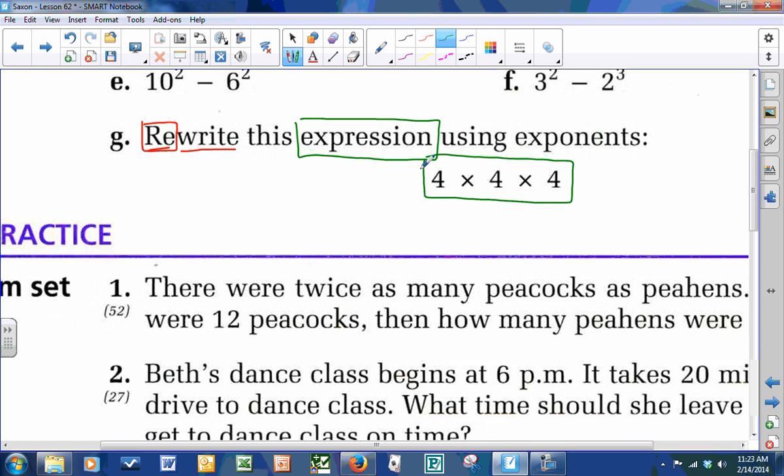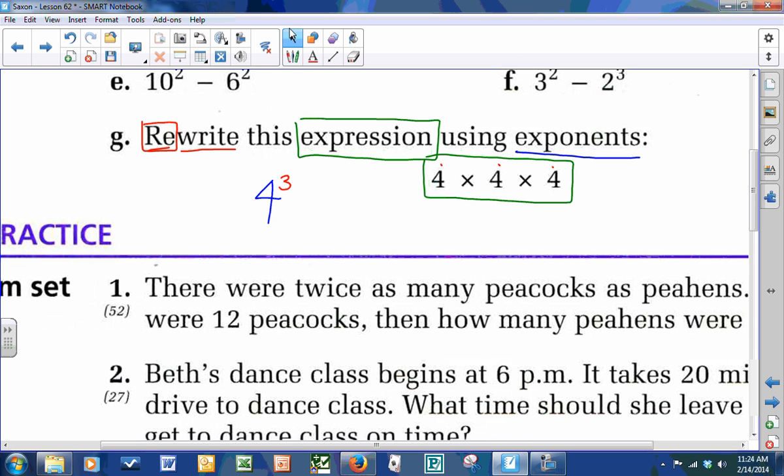So we're going to rewrite this, but we're going to do it using exponents. So when you see that, you're going to look at the factors, and they're all the same. So you write a big 4, and then you count, well, I've got 1, 2, 3 of them. So you write your exponent smaller and in the air to the right side of the digit. And we would say that's 4 cubed.